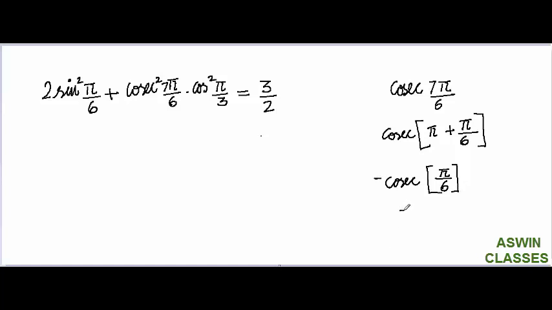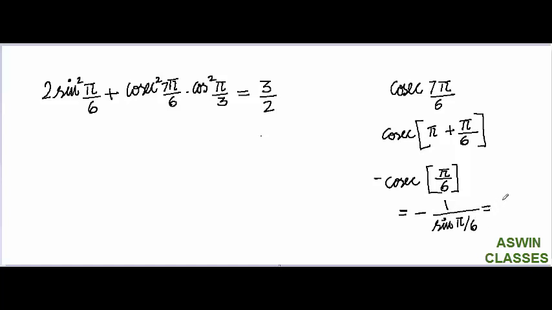This is equal to minus cosec pi by 6, which can be written as minus 1 by sine pi by 6.